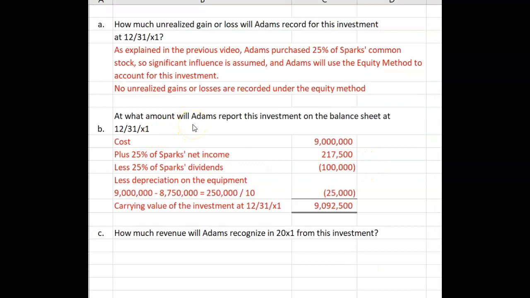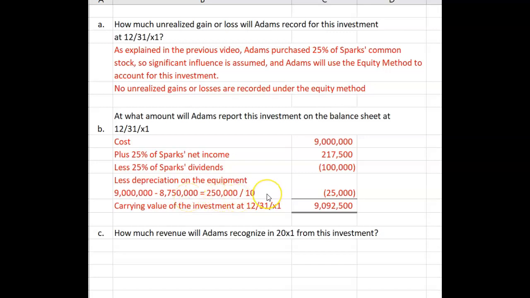Adams will report this investment on its balance sheet at 12/31/X1 at a value of $9,092,500, calculated as cost of $9 million plus 25% of Sparks' net income less 25% of Sparks' dividends less depreciation on the equipment. $9 million paid for the investment, less $8,750,000 book value for the identifiable net assets, equals $250,000 of fair value on the equipment over its book value.